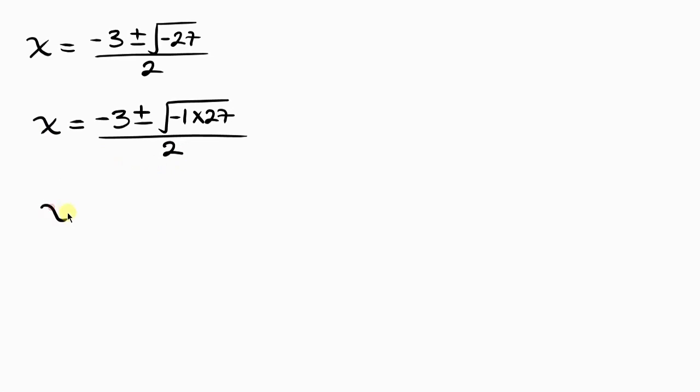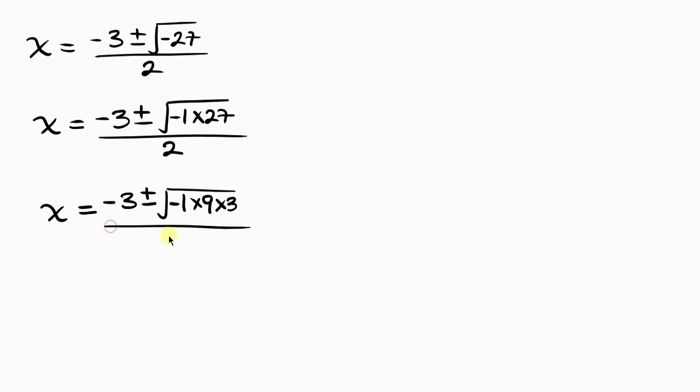So x will be equal to negative 3 plus or minus the square root of, now we can break this 27 down. So we have negative 1 times, now breaking 27 down, I'm going to be taking a perfect square, which is 9 times 3. So 9 is a perfect square, times 3 gives 27.